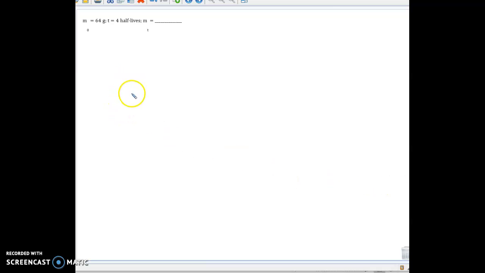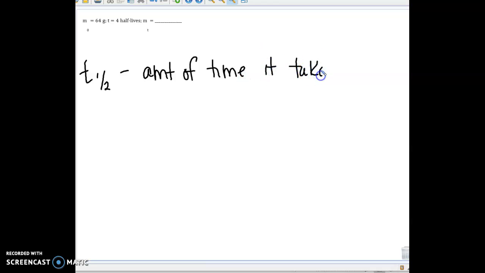Now, also on your final or your Unit 6 assessment, you have some half-life problems. And a half-life, which we write as T sub 1/2, is the amount of time it takes for half of your sample to decay.